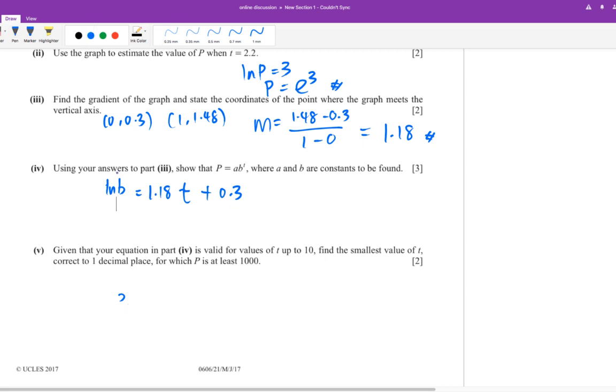Okay, this is P, not B. This is ln P. Because if I move the ln to the other side, I will not get this one. Let me see what I can do over here.